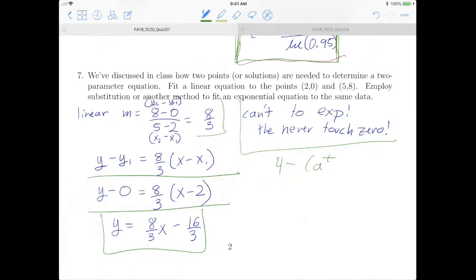The conclusion I wanted you to draw here was that we learned that exponents never hit 0, and so we can't have a y value of 0 there. So the answer was can't do it, I'm done. And also this creative answer where you play with Desmos till you get your parameters correct. I'm happy with both of those answers.